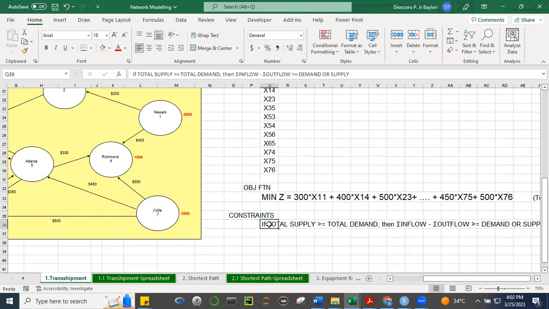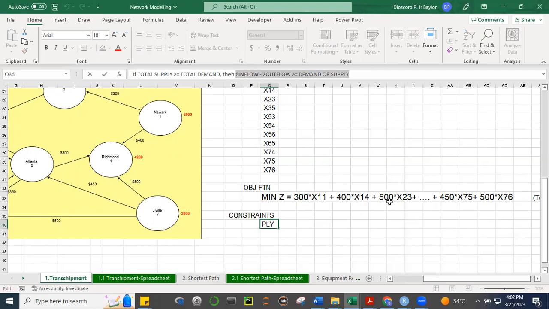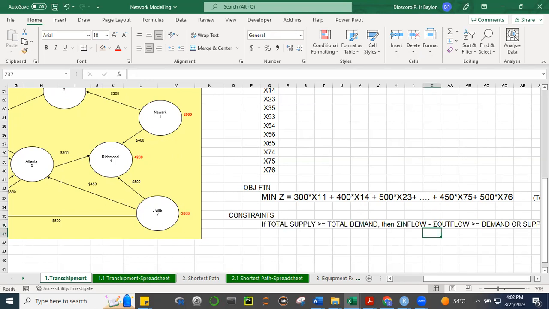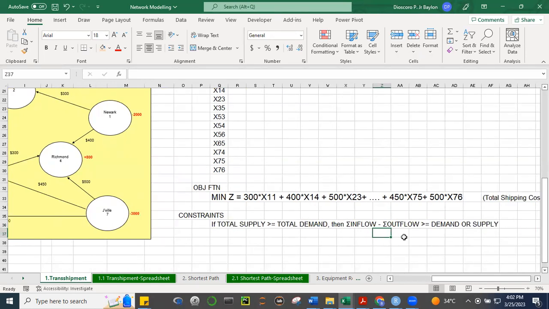If the total supply is greater than the total demand, then the summation of inflow minus the summation of outflow should be equal to your demand or supply. Okay, what does that mean? And how do we implement that?